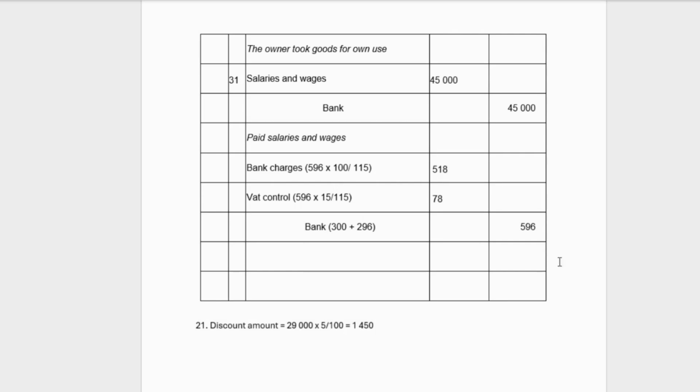So we also can narrate. When we narrate, we can say bank charges brought into account. Bank, because we say brought into account because it's just the bank showing you on the bank statement. We're just indicating it in our books.